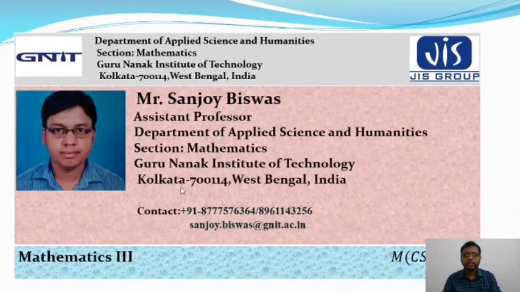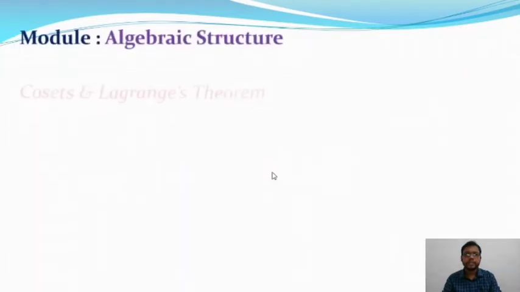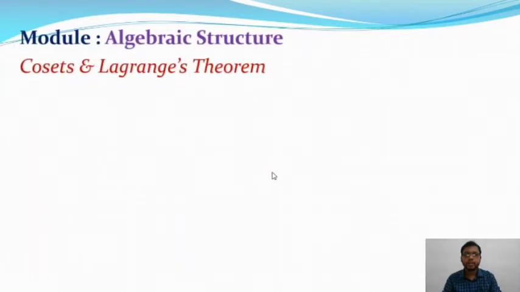Before we start today's lecture, let's quickly recall the last lecture. In the last lecture we discussed the Quotient and Lagrange's theorem in the chapter of Introduction of Group of the module Algebraic Structure.